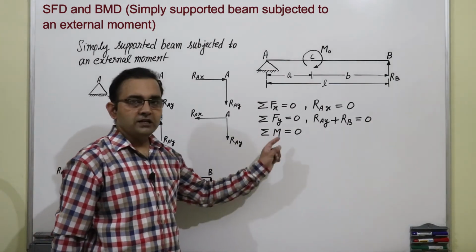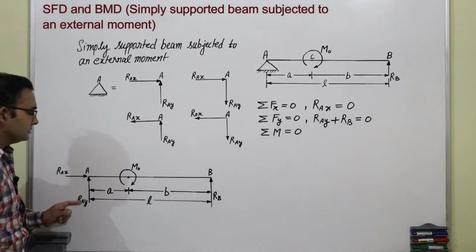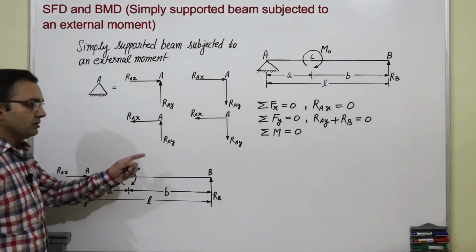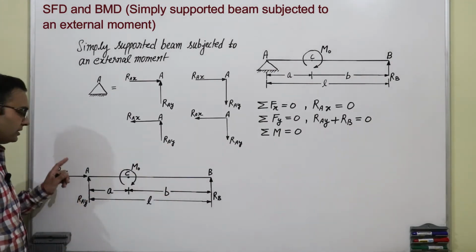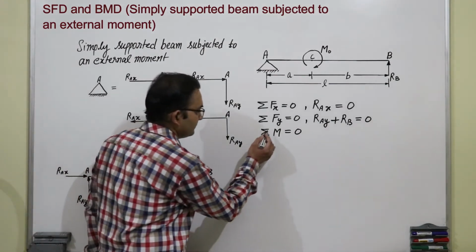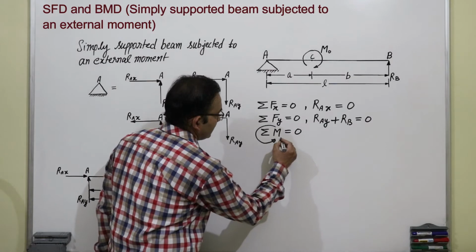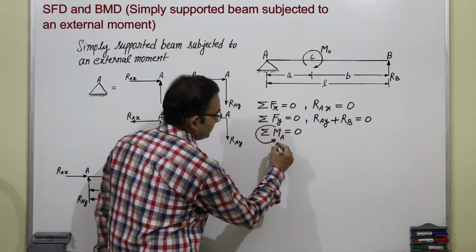Third is moment should be 0. So we can take moment at point A, or point C or point B. So in this question I am taking moment about point A. So sum of moments at point A, in anti-clockwise direction we are taking, it is positive.